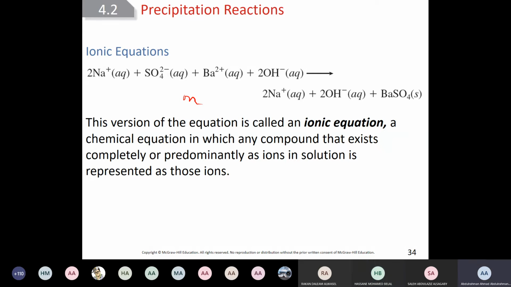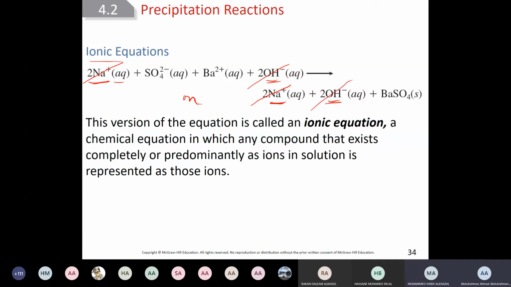What do we notice here? Look carefully at the ionic equation. There are 2 Na plus in the reactants and 2 Na plus in the products. We can cancel them.